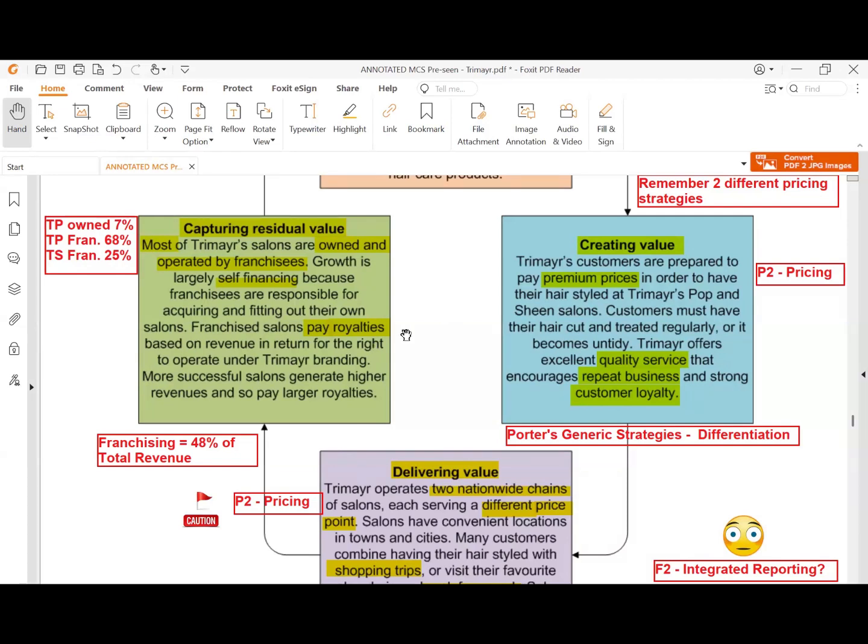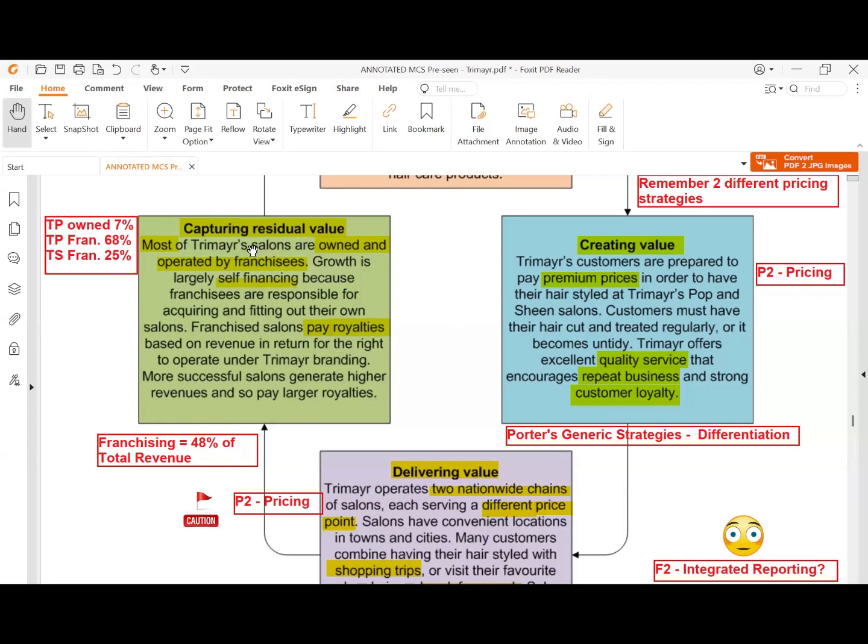Okay. So just the last one here. We've covered the first three. What about this area of capturing residual value? Now, you remember when I started a few moments ago, I talked about profit. So traditional view: let's make profit, let's pay tax, and let's split it with our shareholders.